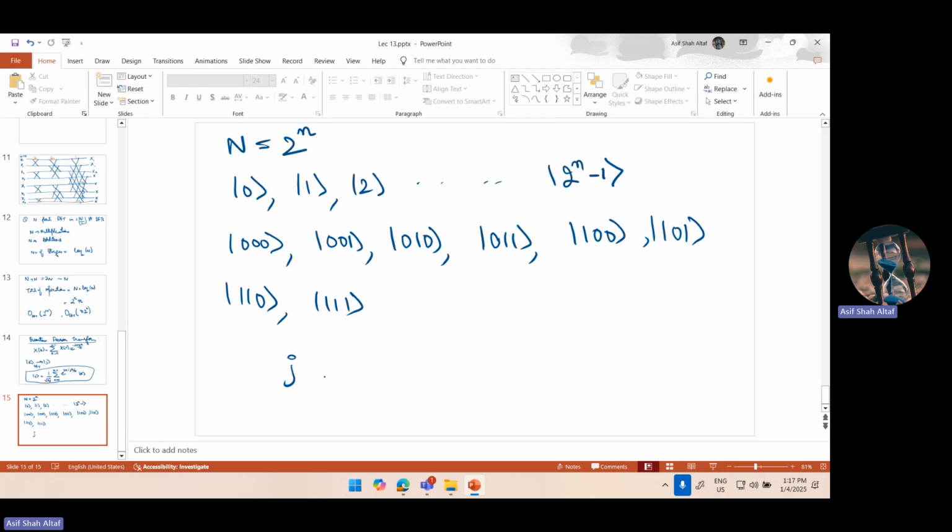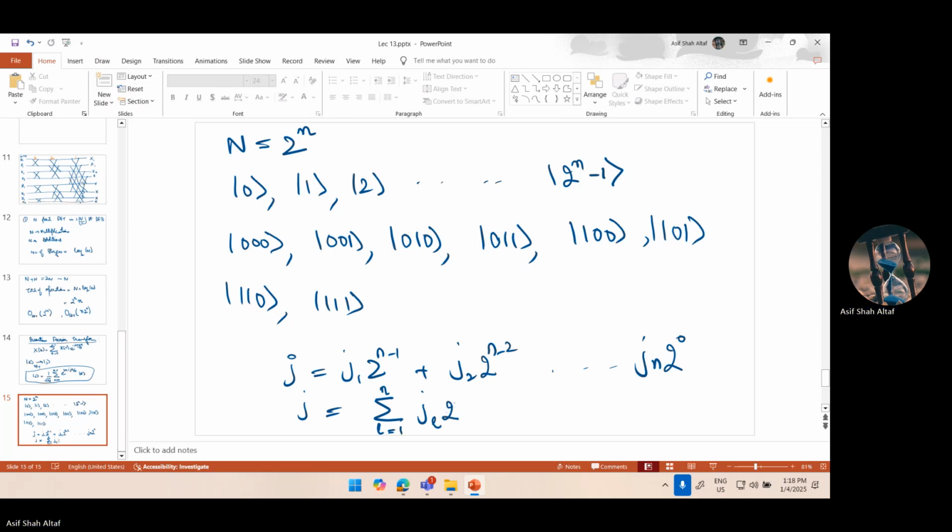So any j can be written as j1 2 power n minus 1, plus j2 2 power n minus 2, and so on, plus jn 2 power 0. Or in a more compact form, you can write it as the sum from l equal to 1 to l equal to n of jl 2 to the power n minus l.